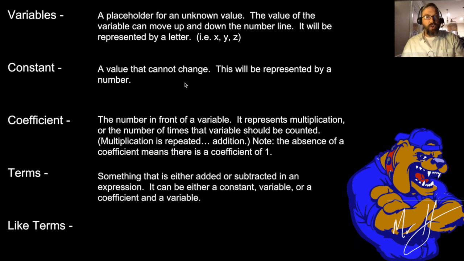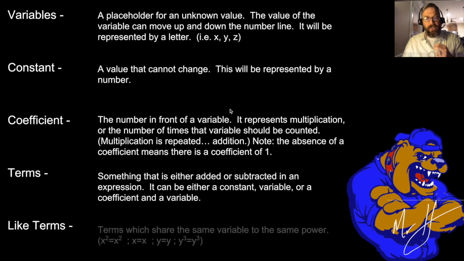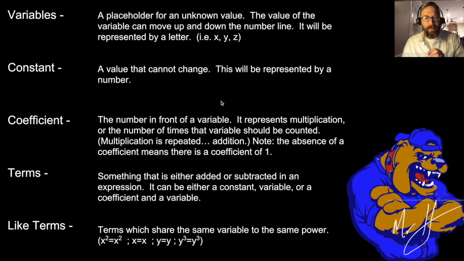Now, a term is something that is either added or subtracted in an expression. It can be expressed as either a constant, a variable, or a coefficient and a variable. So you would see something like 2x or 2. Either of those could be terms in an algebraic expression. Now, like terms are terms which share the same variable to the same power.